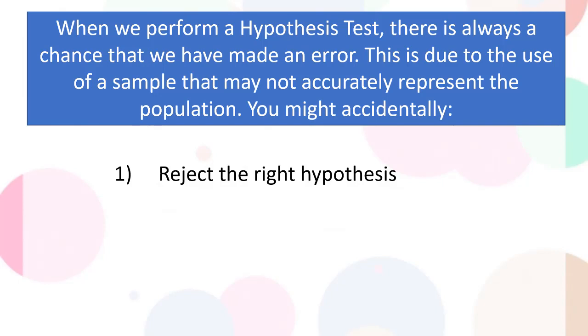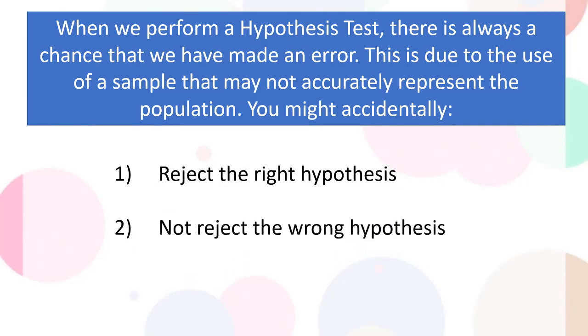The other thing we might do is we might not reject the wrong hypothesis. So we may take a sample, and that sample may make it seem like the hypothesis is true, but what if our sample is very strange, and if we took 1,000 other samples, every one of those 1,000 other samples would show that that hypothesis was false?